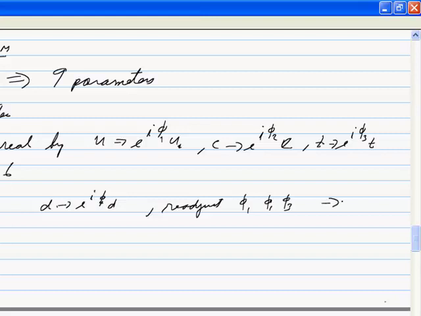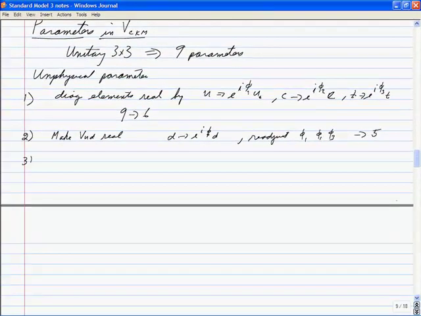So now we're down to 5 parameters. There's one more available.